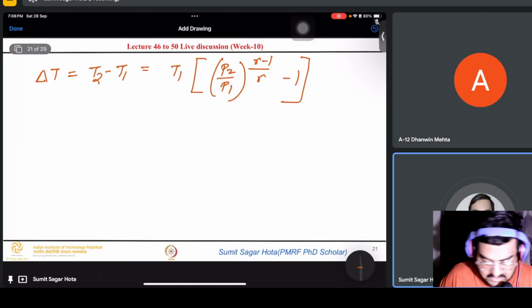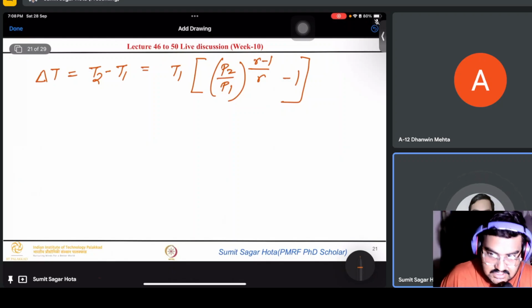I just applied the isentropic relation. So substitute the values and find out delta T.